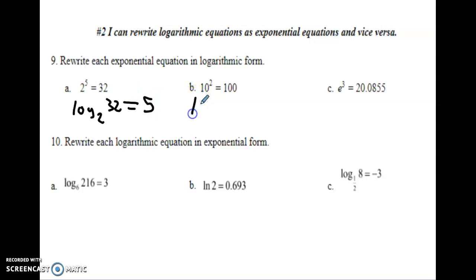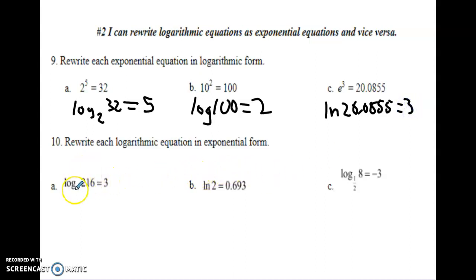This one, the base is 10, so I write log base 10, but I don't even need to write base 10, of 100 equals 2. This one, the base is e, so I write log base e, which is ln, ln of 20.0855 equals 3.